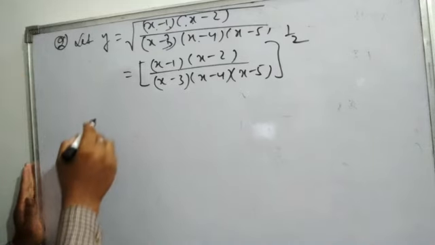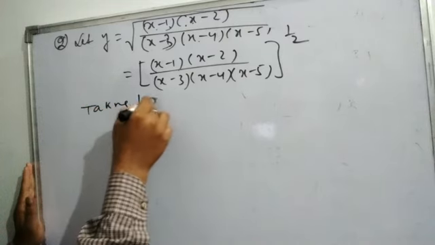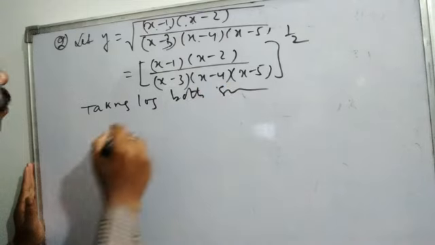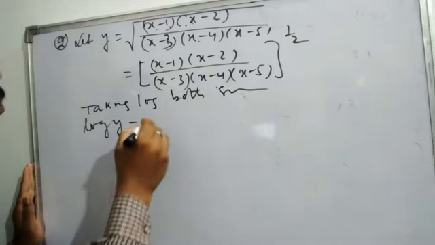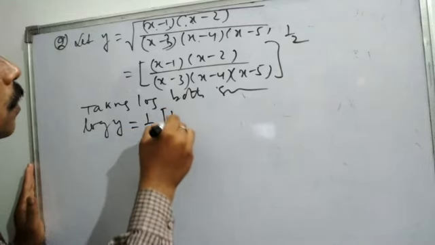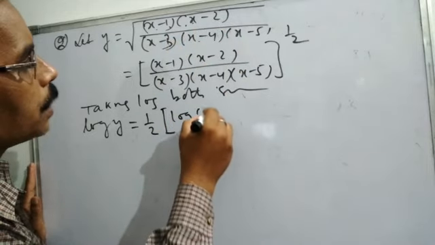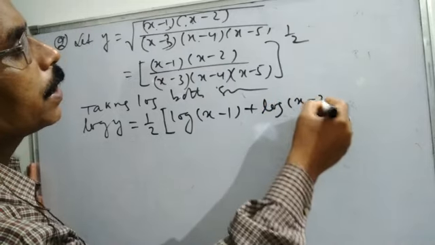So now taking logarithm both sides, what will be? Log y is equal to half will come first, then these two terms are in product form, that is log (x minus 1) plus log (x minus 2).